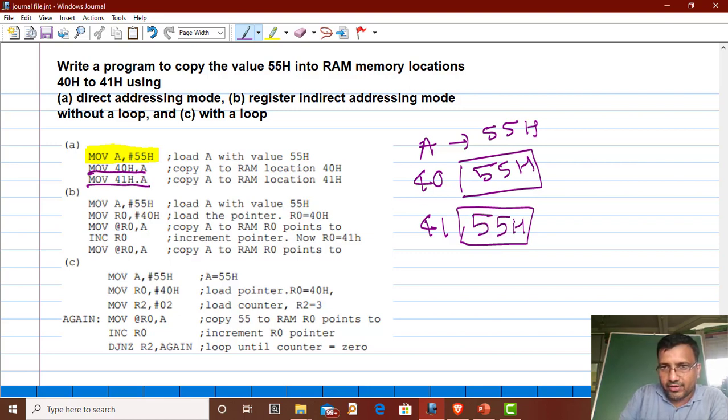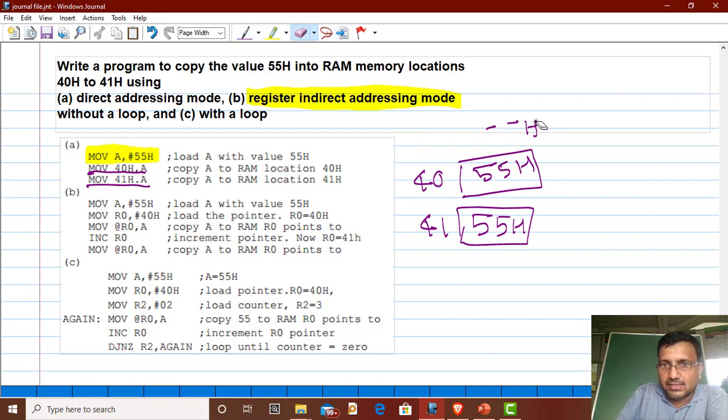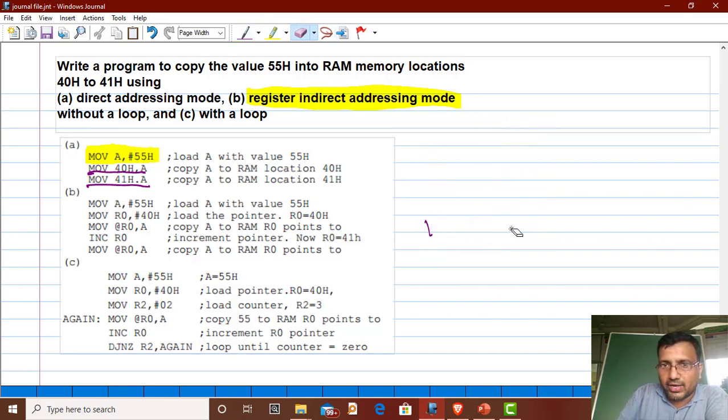In the second problem statement, it is mentioned that you need to use the register indirect addressing mode. So in register indirect addressing mode we need to pass the register indirectly. I will erase this and explain again what is happening in the second one.